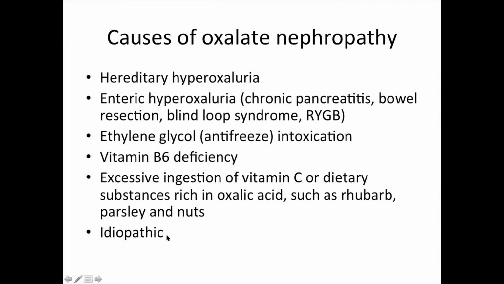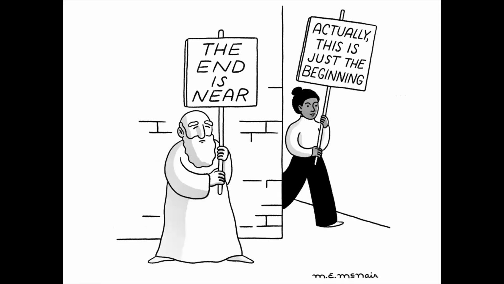Sometimes it's idiopathic. So with that, we conclude the first of our series of case discussions in renal diseases. If you guys have any questions or suggestions... The glomeruli of this patient were absolutely normal, there was nothing.